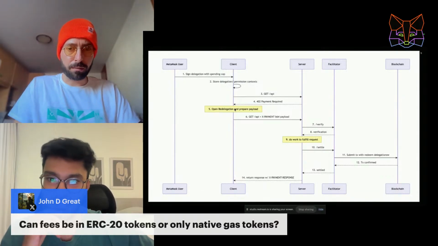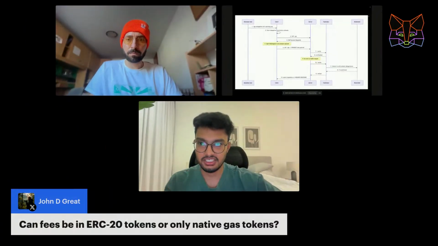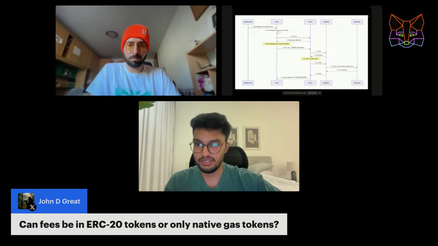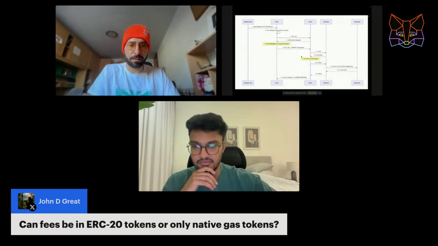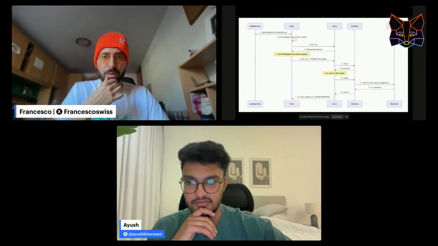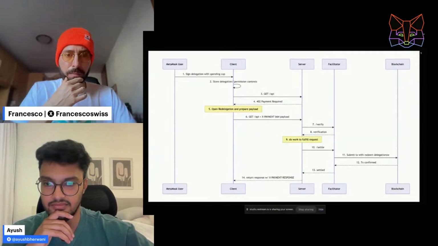And if you're using permit2 or some other asset transfer method, one of the restrictions there is that for 3009, the tokens need to support that particular ERC, and for permit2 also, tokens need to support permit2. But if you are doing 7710, it's backward compatible, so you can use any ERC20 token for the payment. Nice. Yeah, thanks, John, for asking. Keep those questions coming. I think they're super useful.